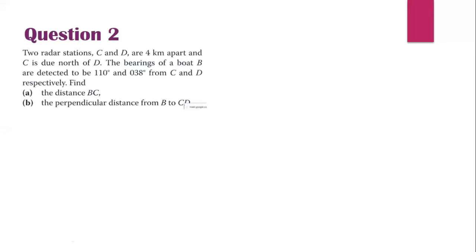Okay, now we go to question 2. We are talking about bearing. Two radar stations C and D are 4 kilometers apart, and C is due north of D. C is due north of D means C is 90 degrees opposite to D. The bearings of a boat B are detected to be 110 degrees and 038 degrees from C and D respectively.